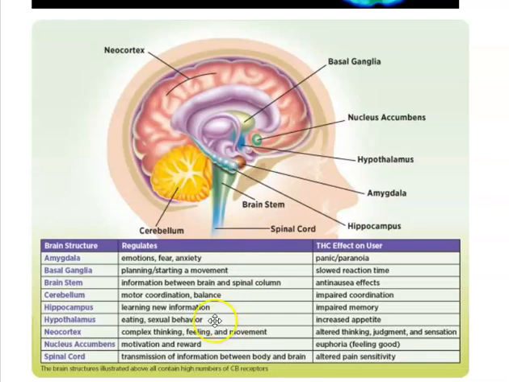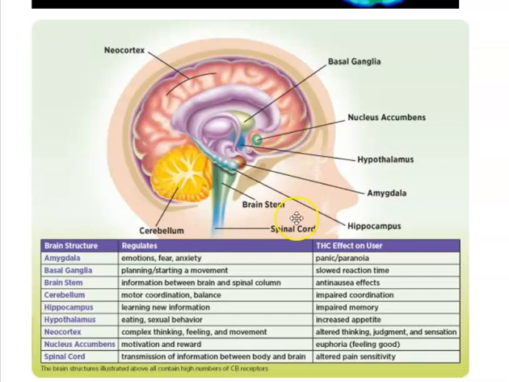And then the hypothalamus, involved in eating, sexual behavior, regulation of the fight-flight response. One of the things that they've seen is that the increased activity with THC there is one of the things that increases appetite.